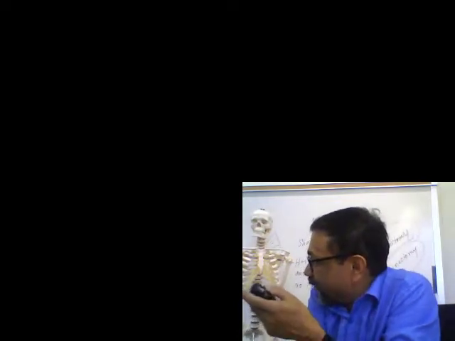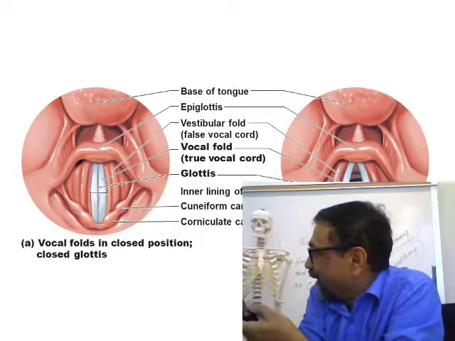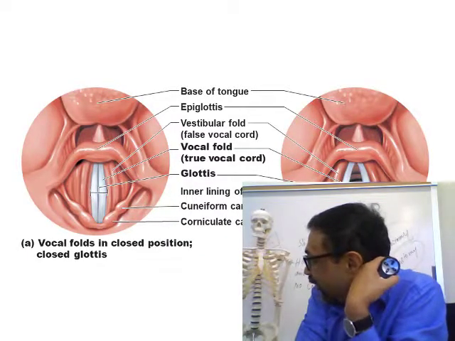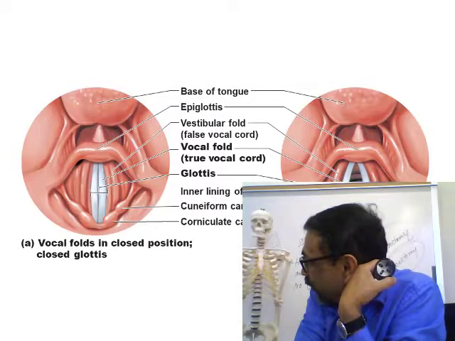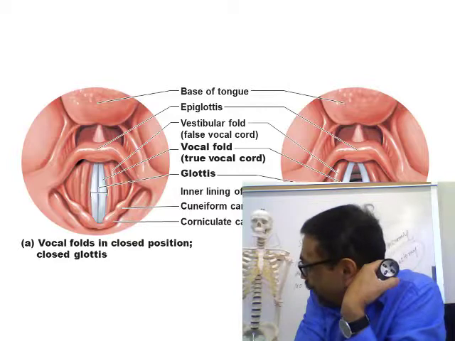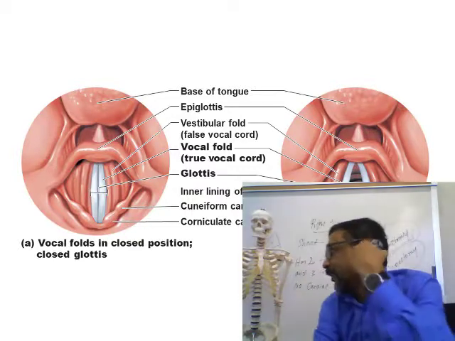Here you see on the left side the vocal folds are closed, so there is no space in between them, no opening is left, but on the right side you see the opening is there. That opening between the two vocal folds is called the glottis.